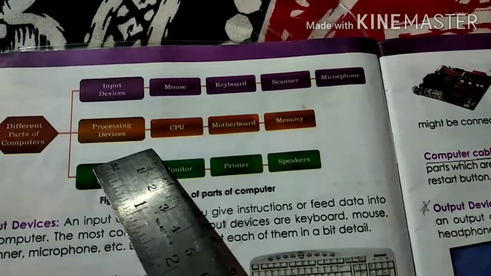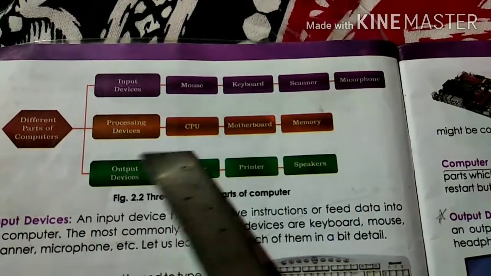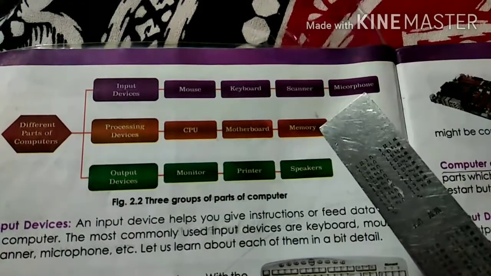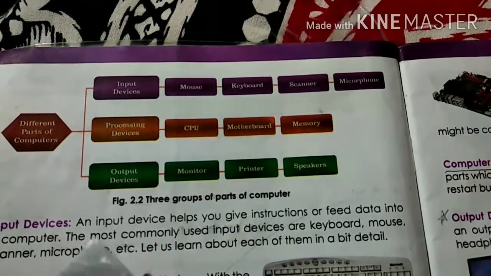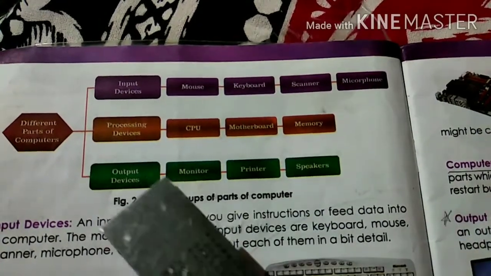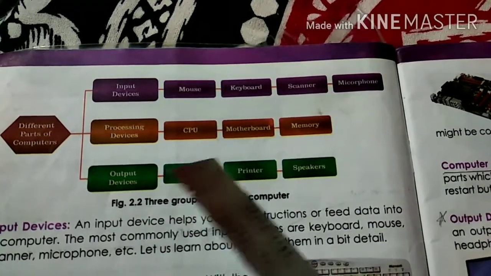Next is processing devices: CPU, motherboard and memory. They help the computer in processing the instructions. Next, output devices: monitor, printer and speakers. With the help of these output devices we can see the result.